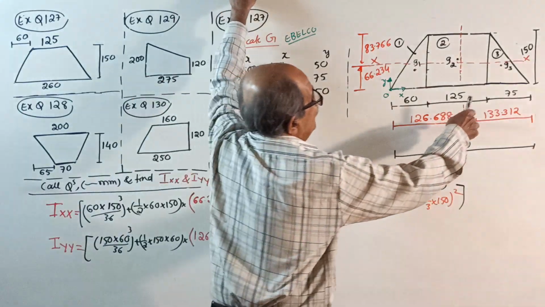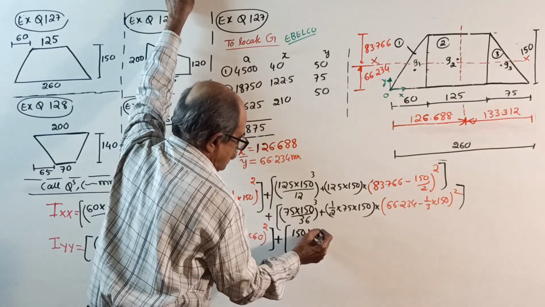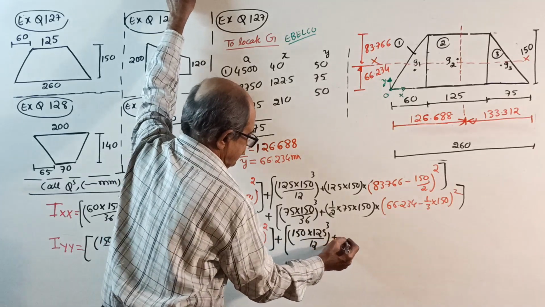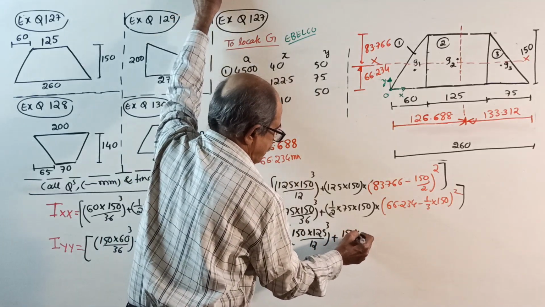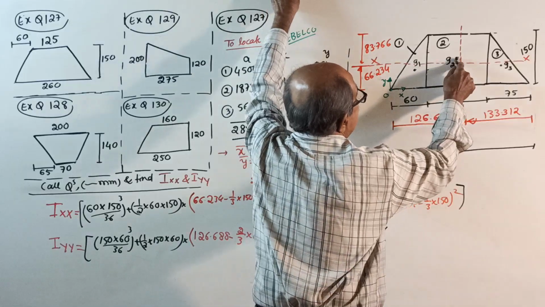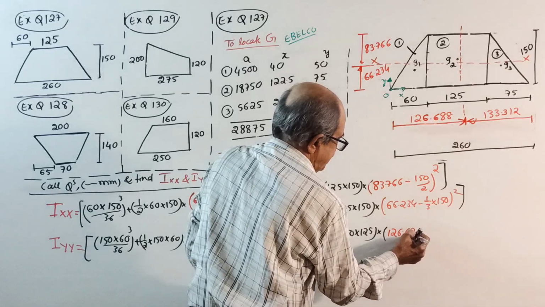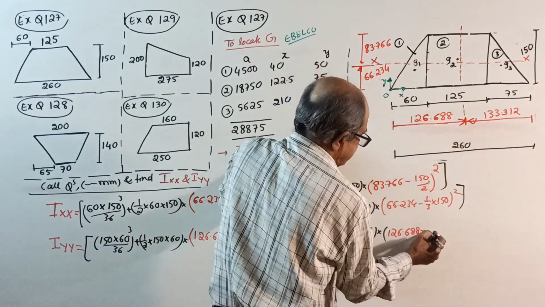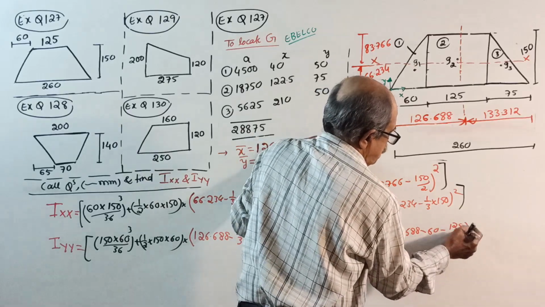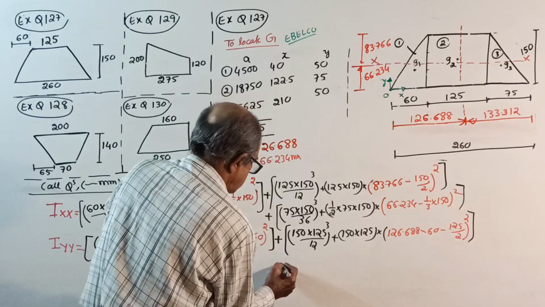Okay, start here. 150 into 125 cube by 12 Ig, plus area 150 into 125 is the area, into this distance square is 126.688 minus 60, again minus 125 by 2 whole square, that also is over, plus last one.